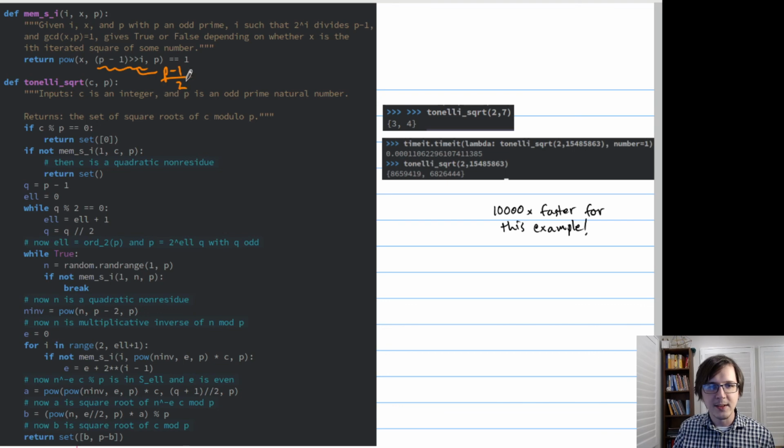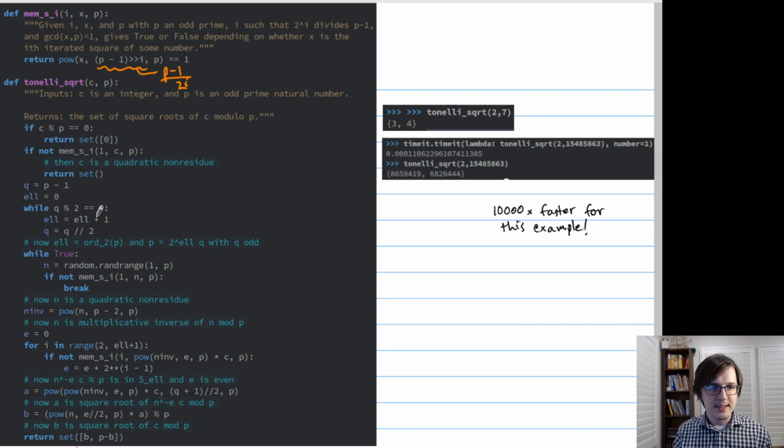It just happens to be fast. So we do x to the power of this expression that we've already determined works for membership, mod p, and check to see if we get 1. If we do, then it's an element. That's a useful little function for this. Then the main algorithm just walks through all the steps I already described.